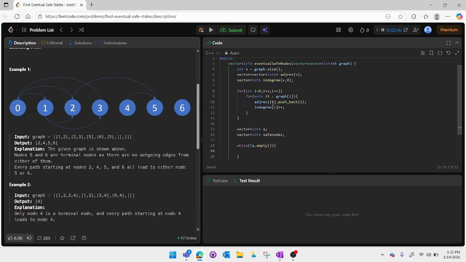So here I am iterating over the adjacency list for the 0th element, and I'm simply reversing the edges, and for the adjacent elements of 0 I'm simply increasing its in degree.